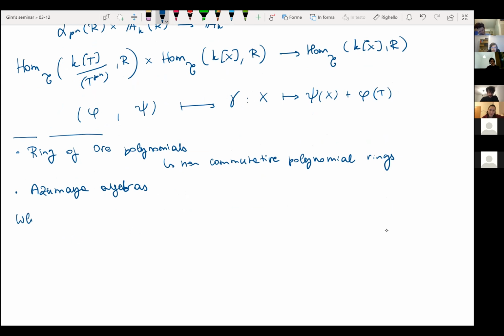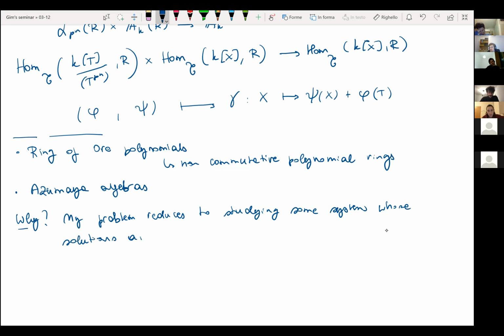So why am I using these tools? This is because the problem I study reduces to studying some systems of equations whose solutions are elements in the K-algebra of differential operators of the scheme X on which I'm acting, which satisfy the system of equations that I consider.